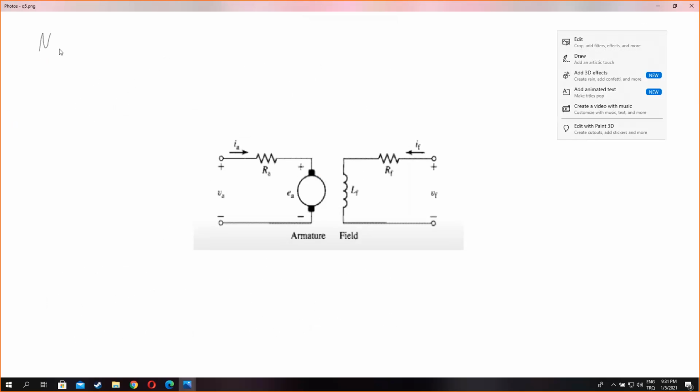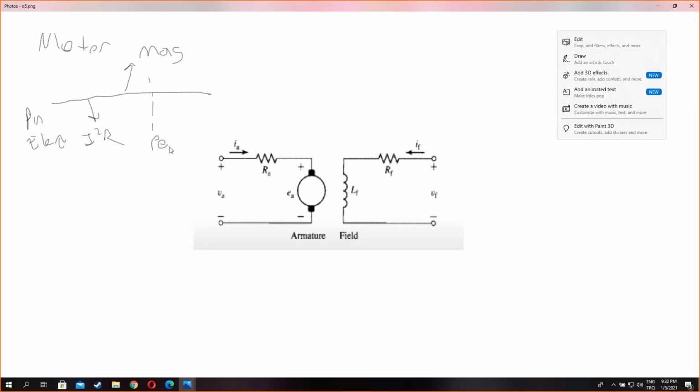So in the motoring case, the input is electrical, P-in is electric. So we have electrical losses. We can say that it is I squared R. And we have some magnetization losses due to the eddy currents and hysteresis magnetization power loss.